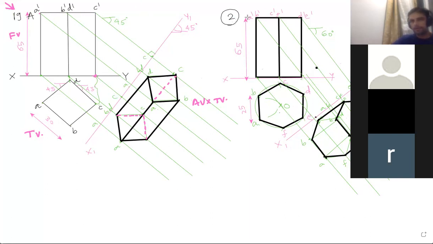Got it? Then A and B are nearer to the observer. From here, if you see, this is nearer to the observer. So the line passing through A and B will be dark. And the behind one would be dotted like this. This way it will come. Understood? All of you understood?